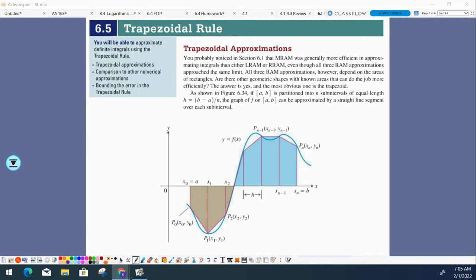You can actually see the trapezoids in this picture, but what I want you to understand is, if we make our little subintervals and do a trapezoid, we get a whole lot closer to the curve, so it's a better approximation.